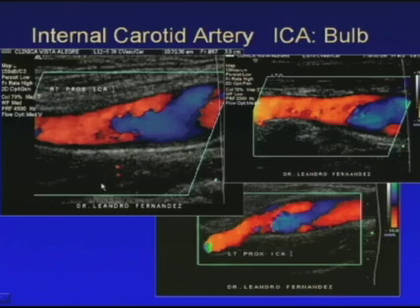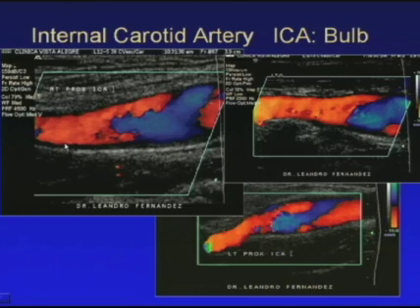So the flow goes up and goes down through the bulb, and this is the reason why the color Doppler represents these 2 codifications, up and down. Here we can observe the color bar, and this is the reason why we can obtain this kind of image, and this is a normal image that we have to look for.